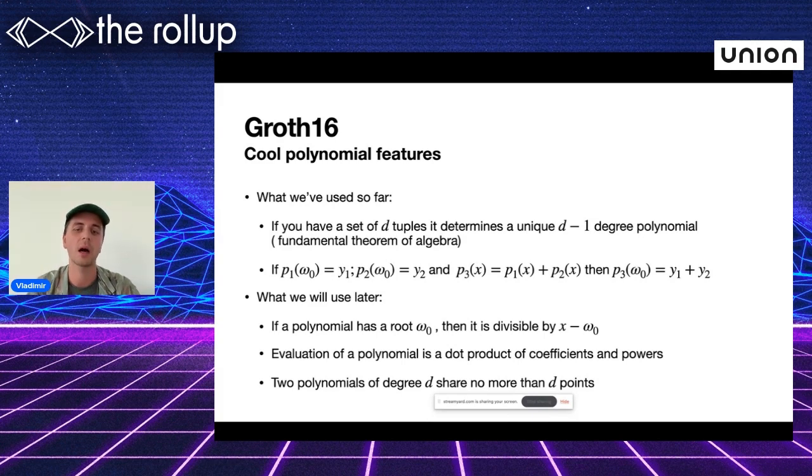There are other very useful features that we will use later, such as that if the polynomial has a root, omega 0, then it is divisible by x minus omega 0. And also, the evaluation of polynomials is just a dot product of coefficients and powers of the variable. And also, two polynomials of degree d coincide in no more than d points.